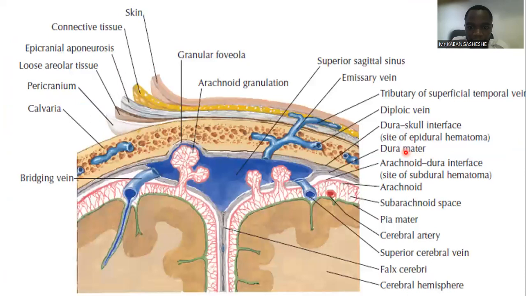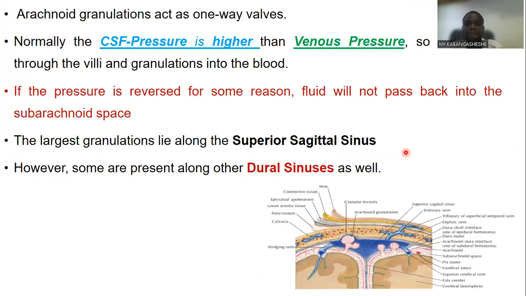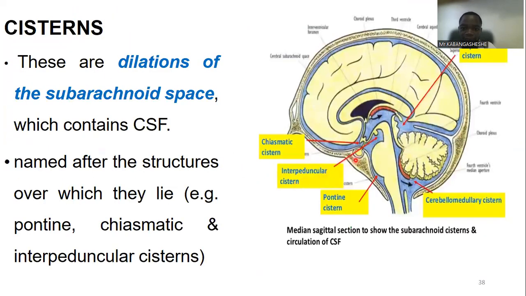So that's why here we are calling it the interpeduncular cistern, between two peduncles. That's where there's also dilatation of the arachnoid space, and you find a pool of cerebrospinal fluid.